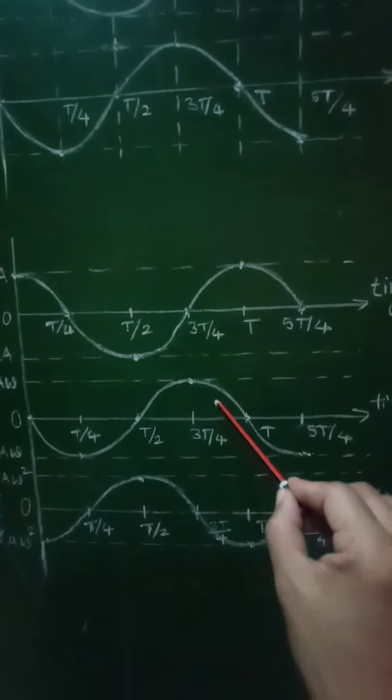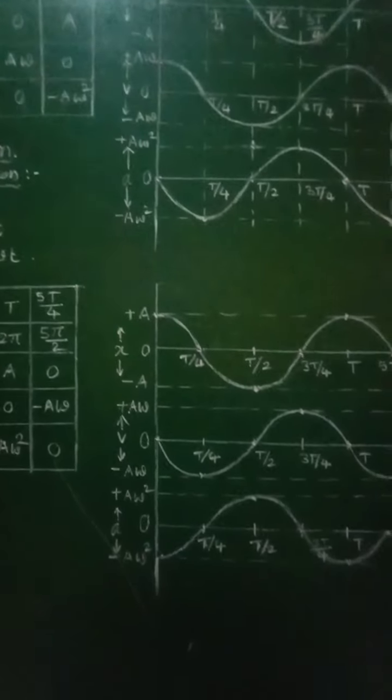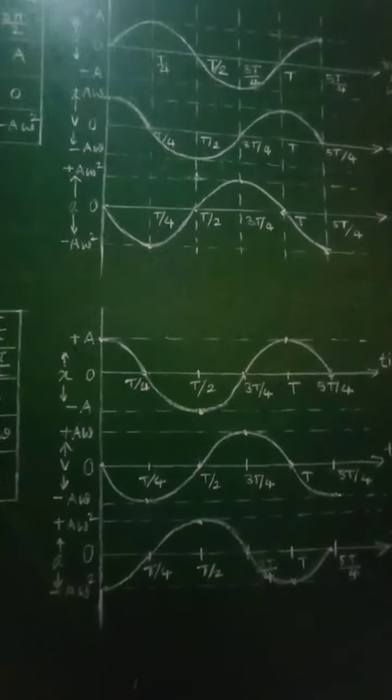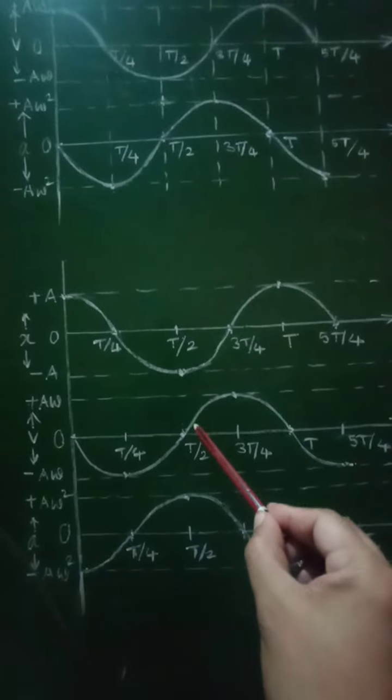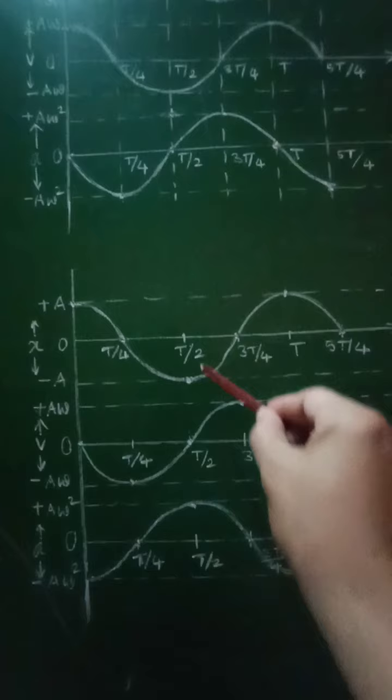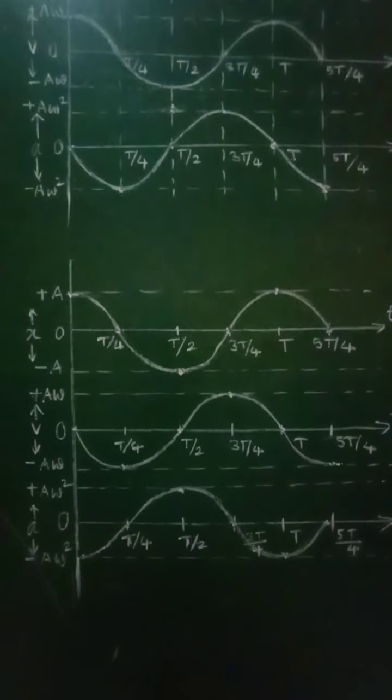Then third, there is a phase difference of pi/2 radian between displacement and velocity curves. So if you consider in both the cases the displacement and velocity curves, the phase difference between these two curves is equal to pi/2 radian.